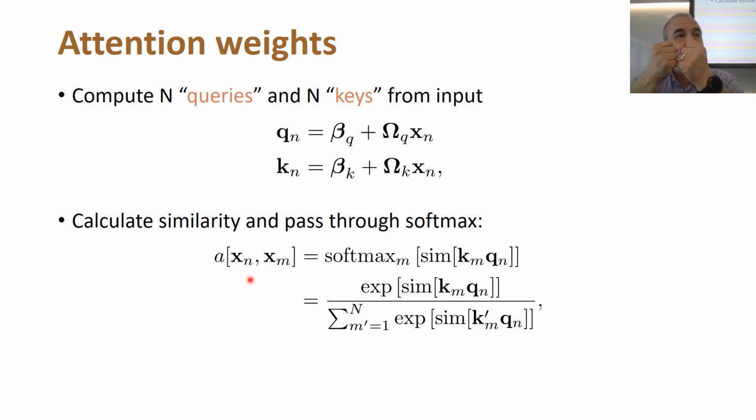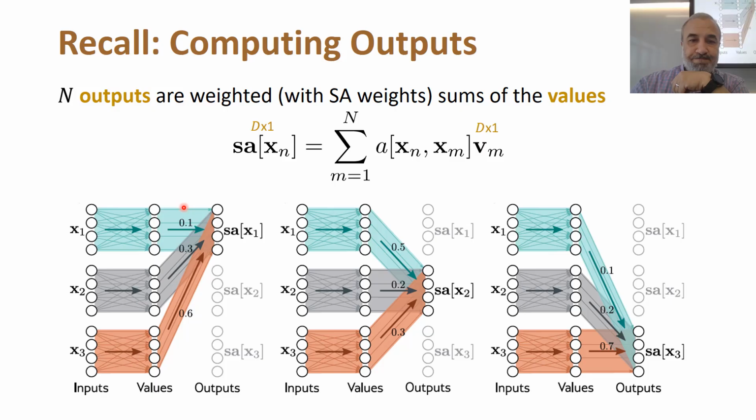Remember that we compute the dot products between the queries and the keys, and the similarity here is done by computing the dot products.